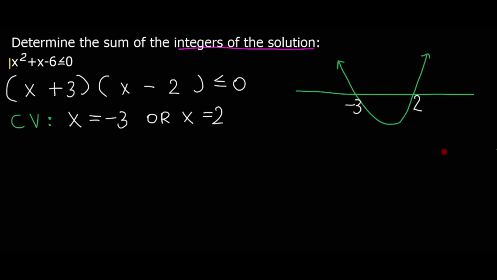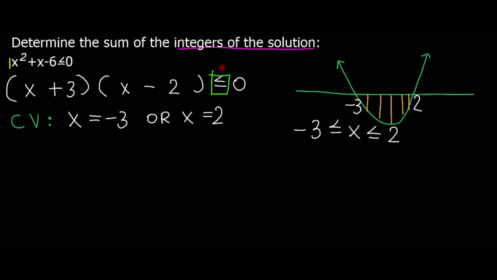From there our inequality is less or equal to 0, and less or equal to 0 is below the x-axis. So this is our solution. And then now when we write the solution we will say -3 is less or equal to x, and then x is less or equal to 2. So this is our solution.